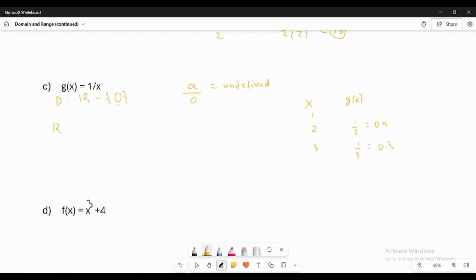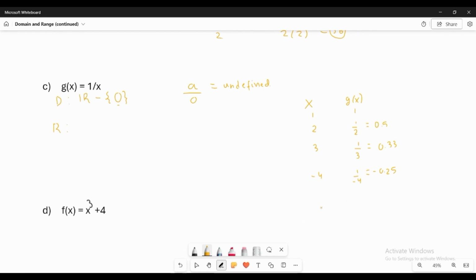We can even take some negative values, decimal numbers, not an issue, right? Let's say that x is -4, then we will have 1 divided by -4, which is going to give us -0.25. So you can see here that the answers are revolving around 0, right? They are all near 0.